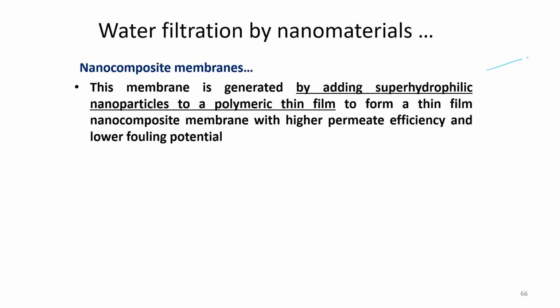So, what is done: a polymeric thin film is there, and the nanoparticles are embedded, and these are superhydrophilic nanoparticles, to form a thin film nanocomposite membrane with higher permeate efficiency and low fouling potential. So, with the polymeric thin film we can embed the nanoparticles to have higher permeate efficiency and low fouling potential.